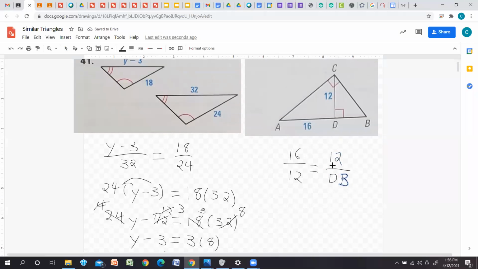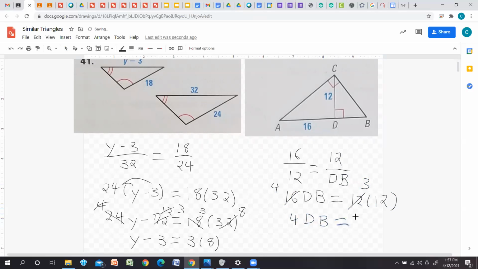So again, we can cross multiply. We get 16 DB. And we could write 144, but I'm going to do the same thing I did last time. I'm going to leave it 12 times 12 and just simplify. So first we divide by 4. We get 4 here and 3 here. So 4 DB equals 36.